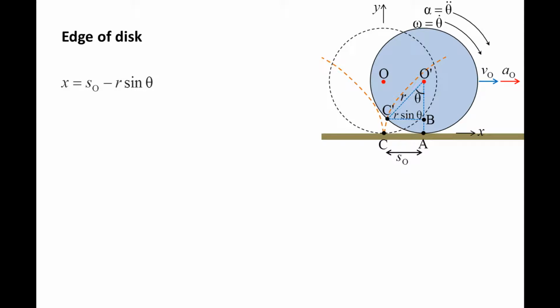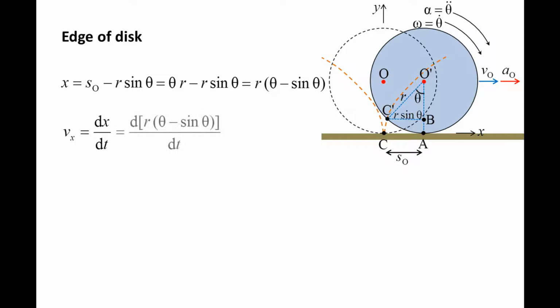Therefore, the x-coordinate of C' is SO minus r times sine theta. Plugging in theta times r for SO and pulling out r from each term, we have r times the quantity theta minus sine theta.